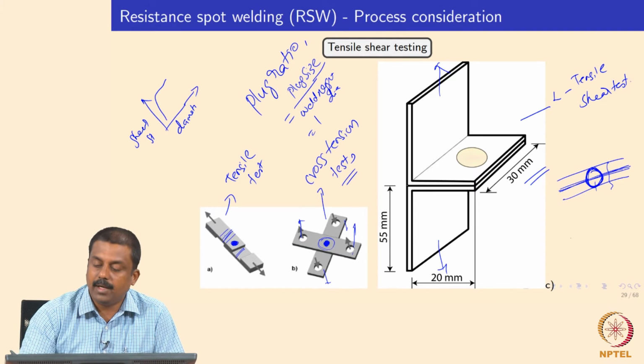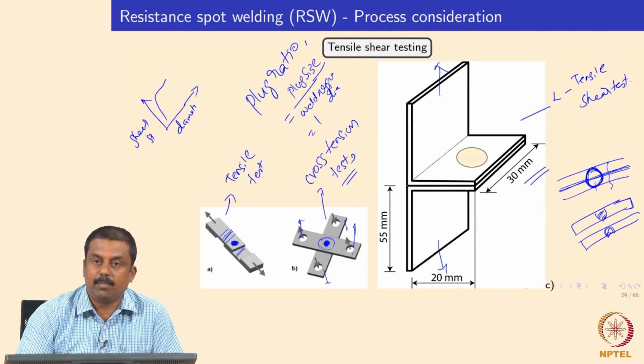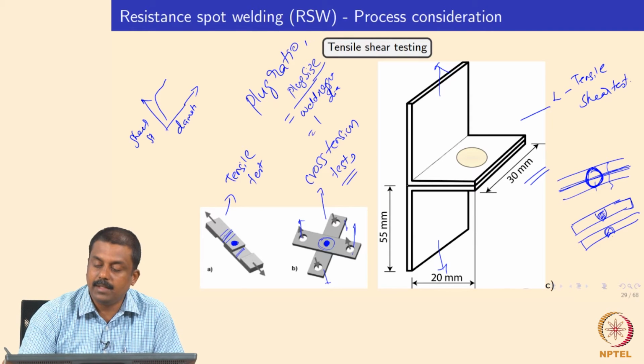Suppose you have a complete interface failure. The two plates, after a cross tension test, separate as they were before welding. That means your plug ratio is 0.